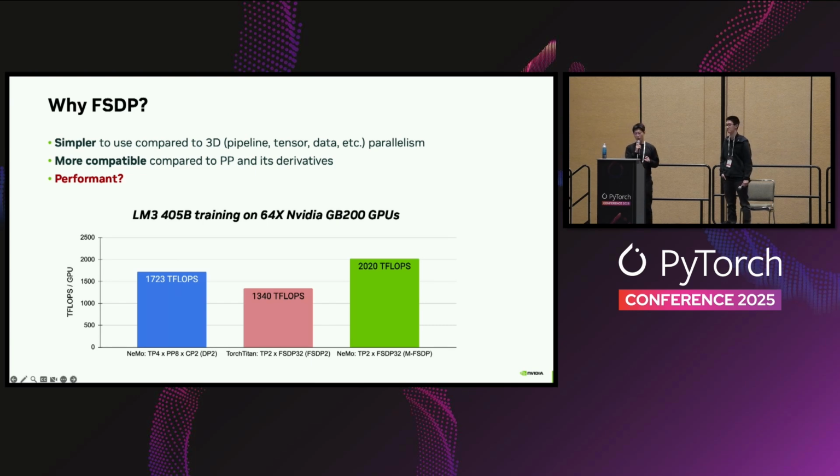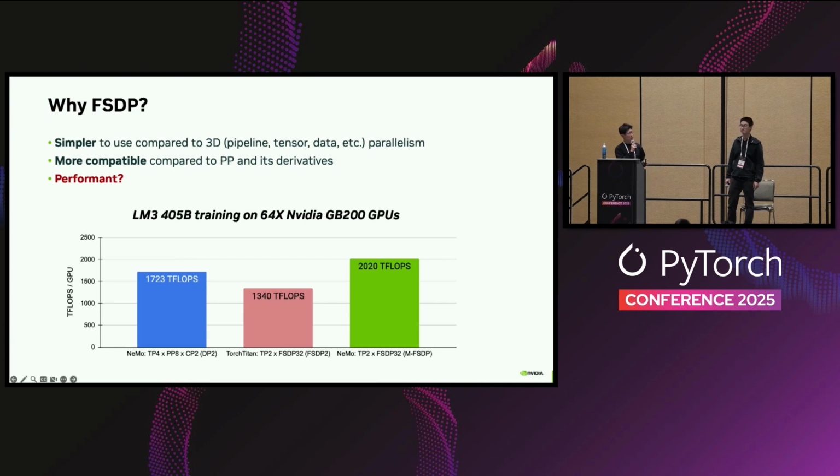The blue bar on the leftmost side is the 3D parallel training result using the NeMo framework from NVIDIA, and it uses tensor parallel size 4, pipeline parallel size 8, and context parallel size 2, which is basically data parallel size 2 as well. But compared to that, our baseline FSDP performance, which is from TorchTitan using Torch compile, got about 1340 teraflops, which is about 20% slower.